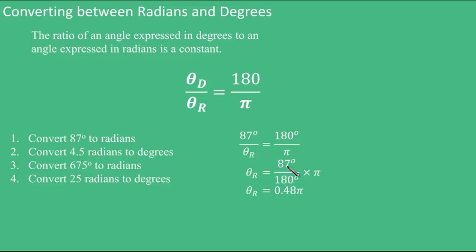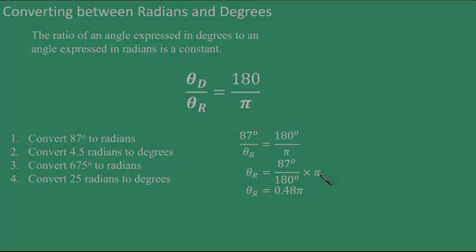In other words, this fraction is 0.48, so it's 0.48 of pi. So when converting to radians, given degrees, you just need to find out what fraction of 180 degrees is the angle that you are given, and multiply it by pi. And so you can then skip the step because this intuition here is pretty clear.